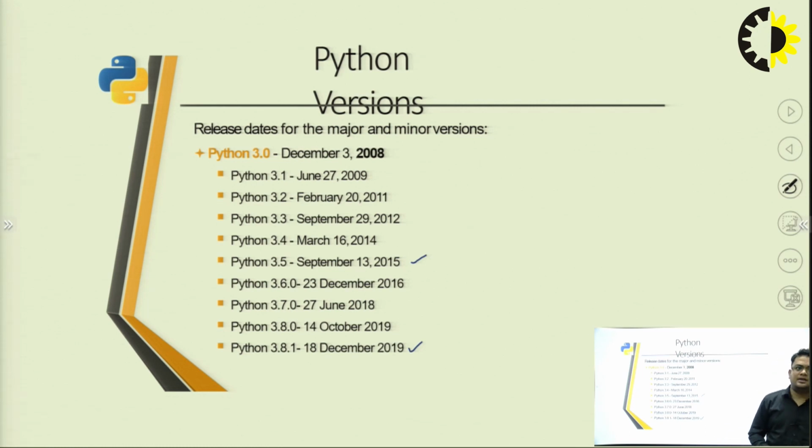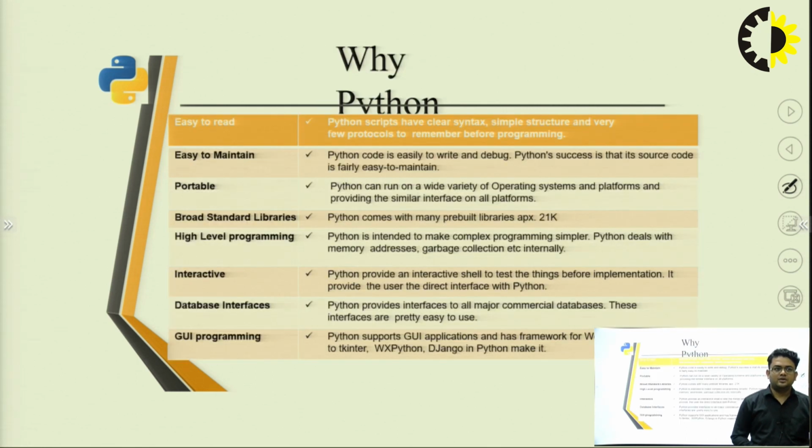So these are a few Python releases. In Python we have two major releases, Python 2.0 and Python 3.0. These are the versions of Python 3.0, like 3.1, and the latest we have is 3.8.1, in which we will study the code.